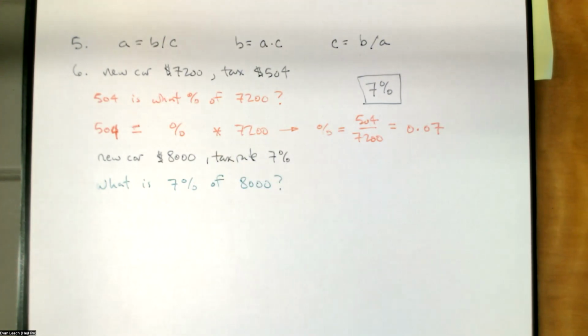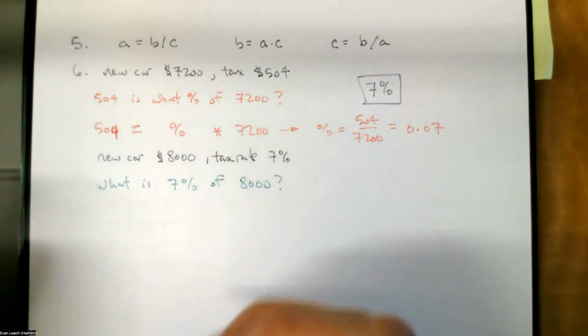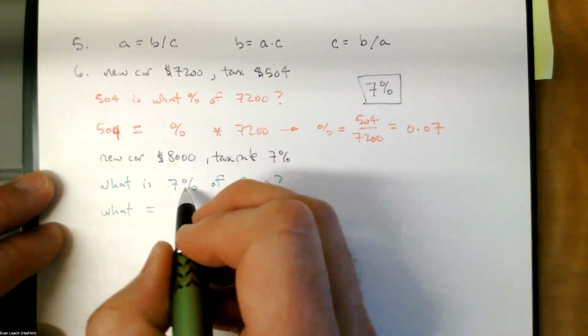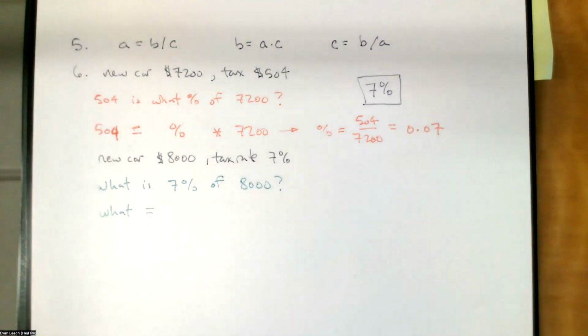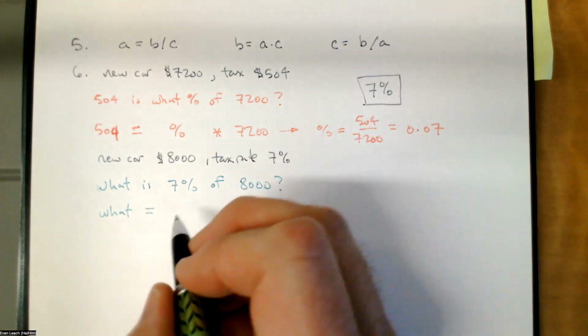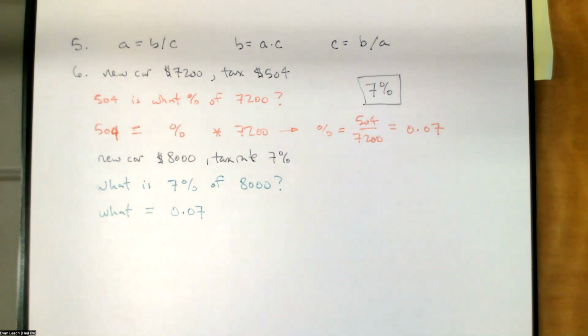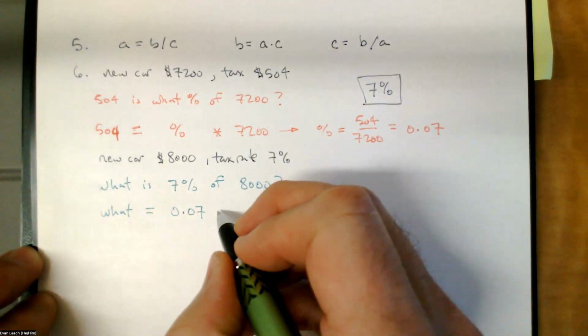Translating this into an equation the same way, where is means equals and of means multiply. I'll say what equals 7%. How do I write 7%? Now we need to go back to the number we get from the calculator. 7% means 7 per 100. 7 over 100 is 0.07. Of means multiply.